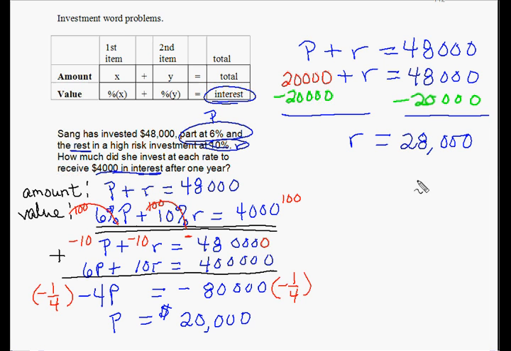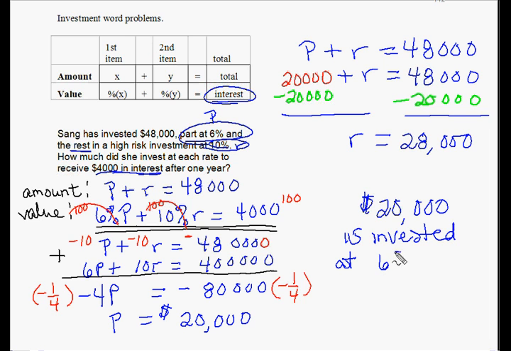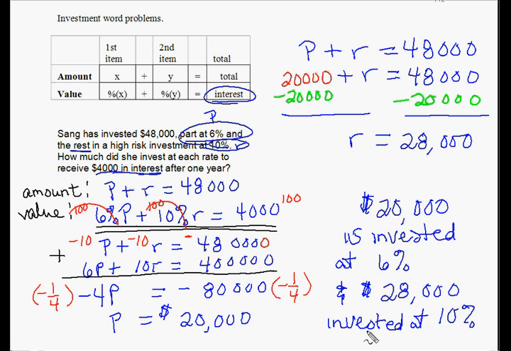So when you answer a word problem, make it very clear what it is that you're telling me. $20,000 is invested at, P was the one for 6%, and we also have $28,000 invested at 10% interest rate.